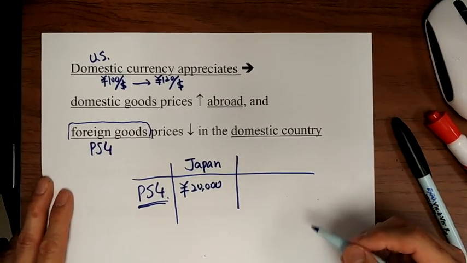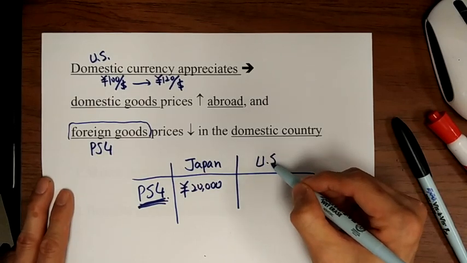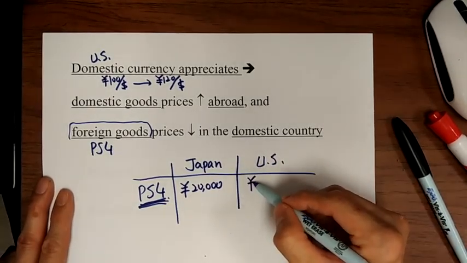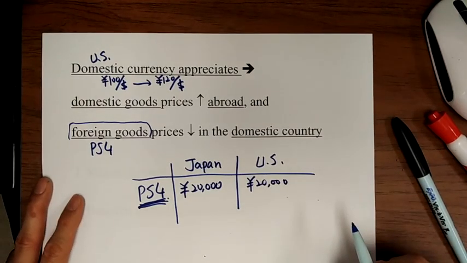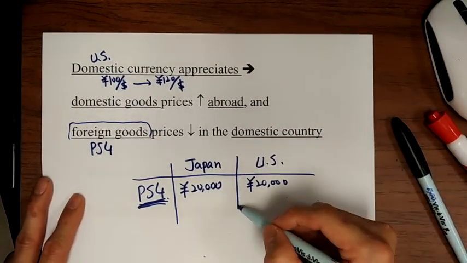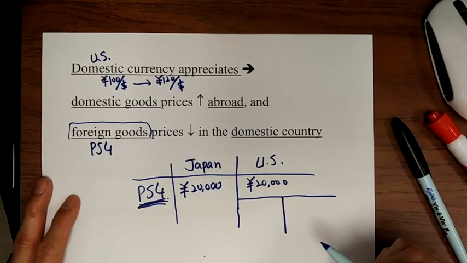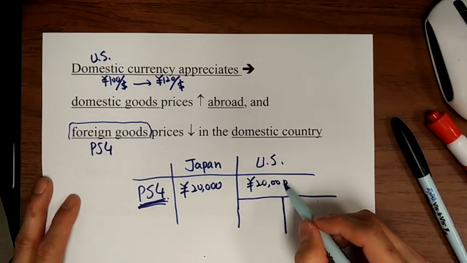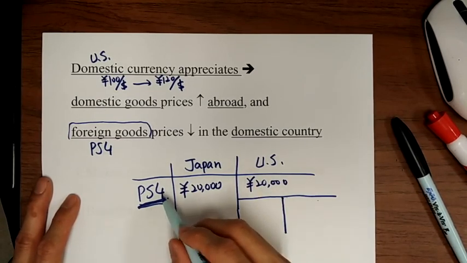Therefore, they are going to price PlayStation 4 in the US at 20,000 yen. But you don't have Japanese yen. You have to use your US dollar to buy 20,000 yens in order to buy their PlayStation 4.